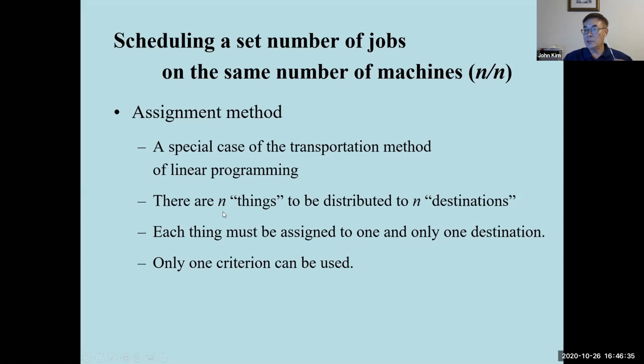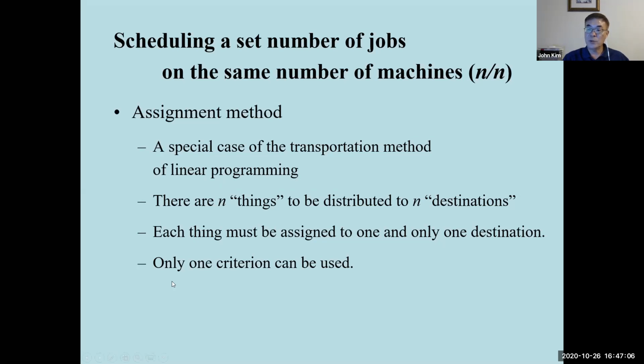There are n things to be distributed to n destinations, so it's the same number, 5 machines, 5 workers. If there are 5 machines but 4 workers, then we make a dummy worker and match the same number. Each thing must be assigned to one and only one destination, so match 1 to 1.